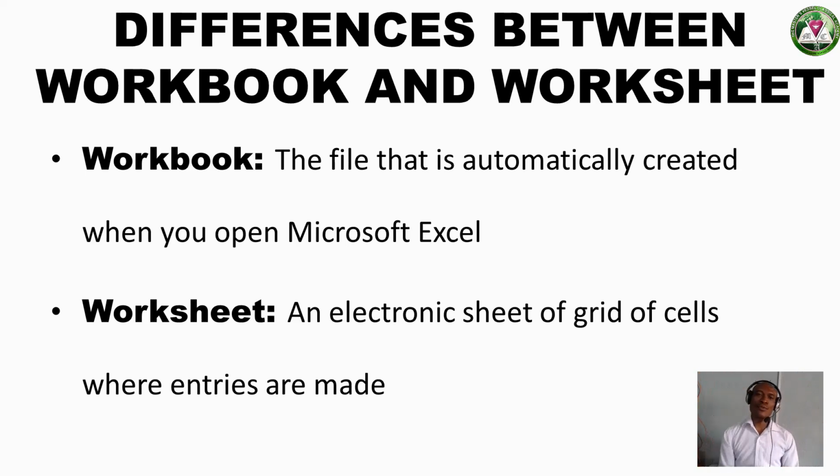So the file that is created automatically when you open Microsoft Excel is the book. Then the worksheet is an electronic sheet that is made of a grid of cells, that is columns and rows, where entries are made. That particular sheet that you are looking at is the worksheet. So the workbook has sheets, whereas the worksheet is made of cells, or you say columns and rows.